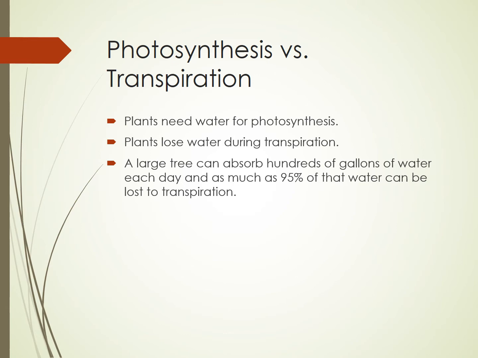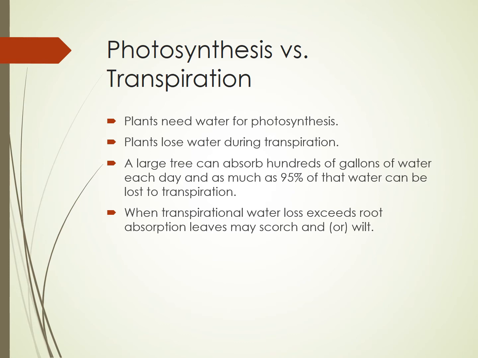So what we're saying is that out of that 10,000 gallons, 9,500 gallons are lost to transpiration, and only 500 gallons are actually retained by the tissues, the living cells in that tree. So plants, especially large trees, transpire great quantities of water.